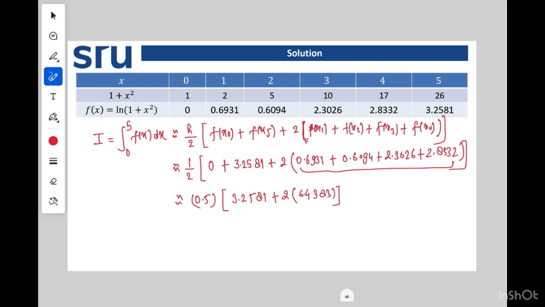If you calculate this, you will get approximately 8.0675. So this is the integration of f(x) over the interval 0 to 5. This is the approximate value of the integral.